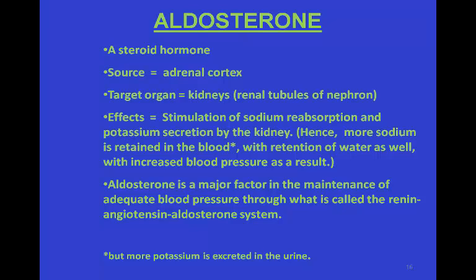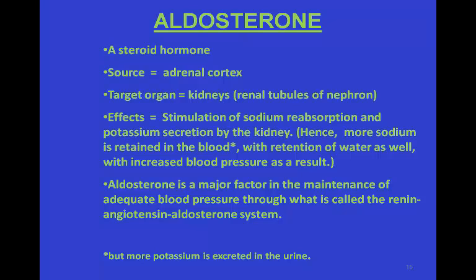Therefore, less sodium is excreted in the urine, more sodium is retained in the blood. Now you may know this little maxim that if you retain sodium, you're going to retain fluid as a result of that. So if you retain sodium in the blood, more water is going to be held in the blood as well. So there will be less urination and the blood pressure is going to increase.